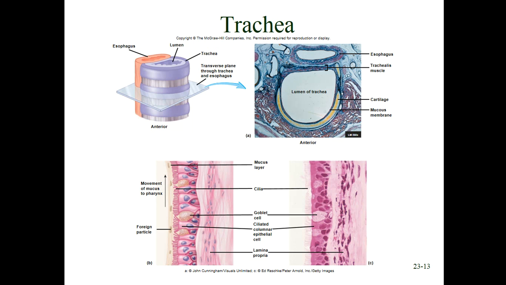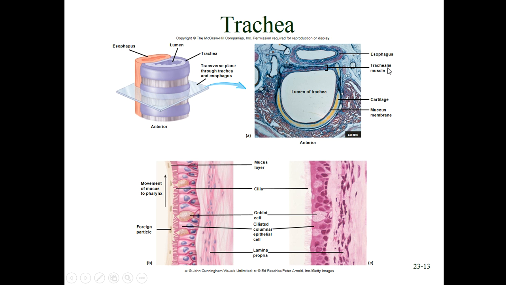The mucociliary escalator is the next interesting point. Look at this. The lumen of the trachea is right next to the lumen of the esophagus. And if we look at a histological slide, we can see that the rings of cartilage surrounding the trachea are horseshoe-shaped, but they don't go all the way around.